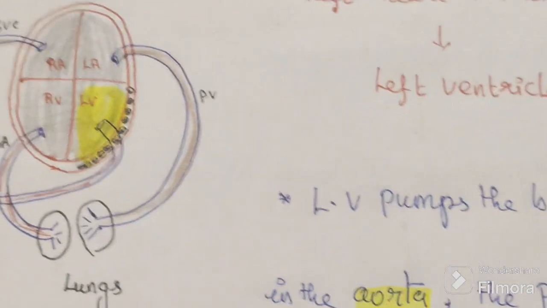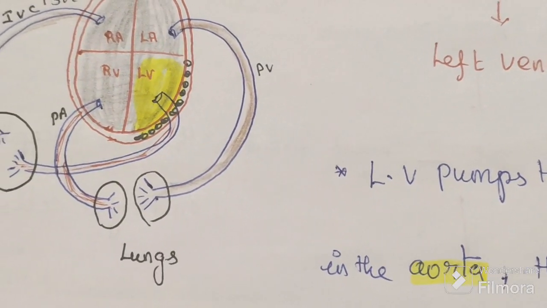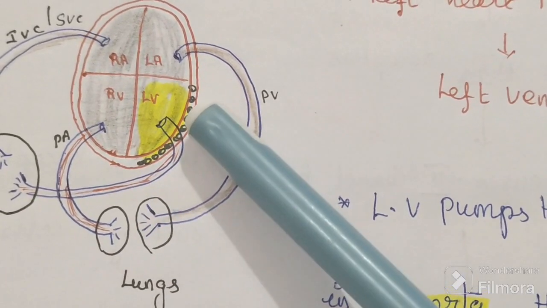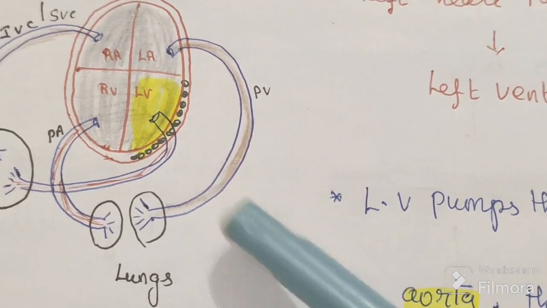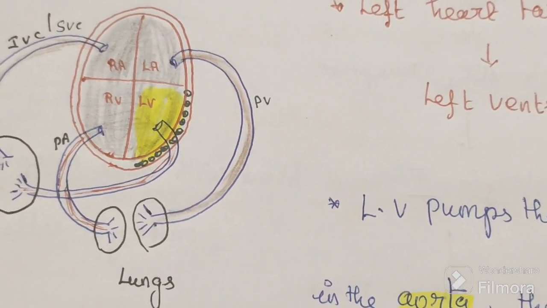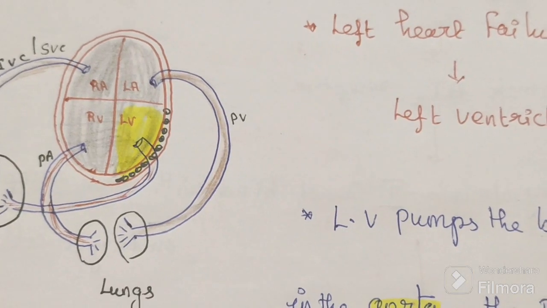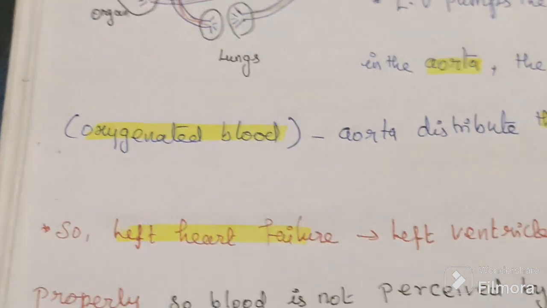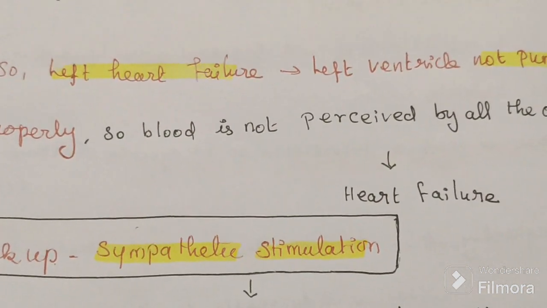On the cell, beta receptors are present. Whenever there is sympathetic stimulation, adrenaline and noradrenaline will come in the blood.